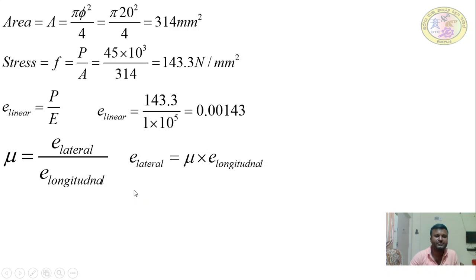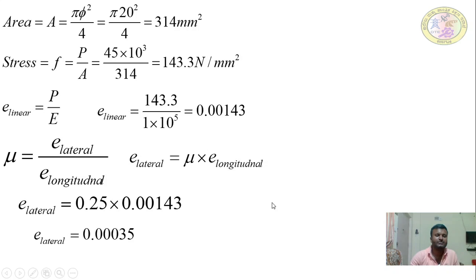E lateral is equal to 0.25 into 0.00143, so E lateral is equal to 0.00035, and strain has no units because it is a dimensionless quantity.